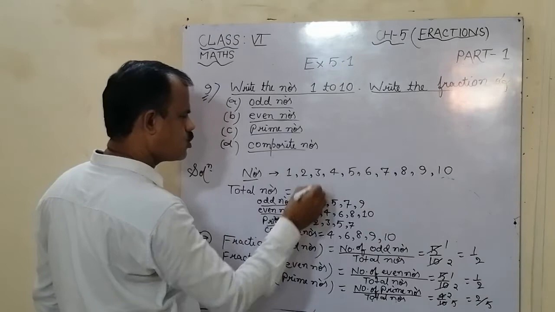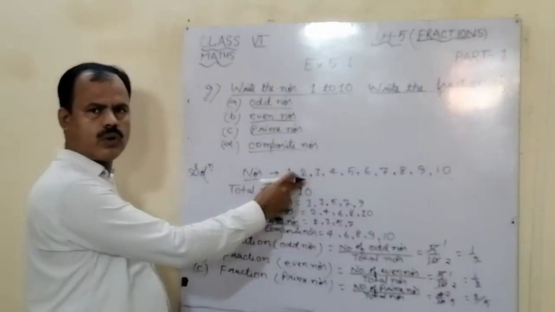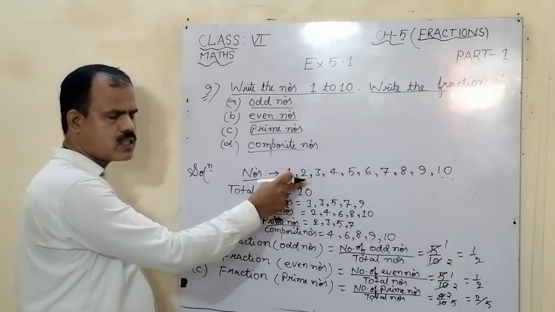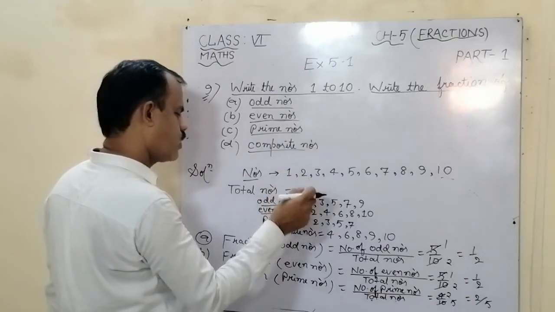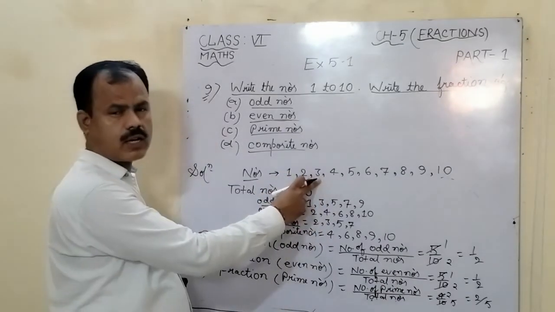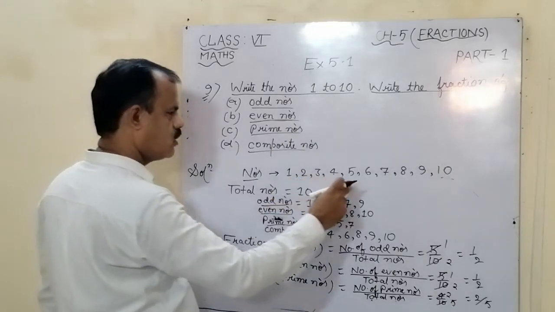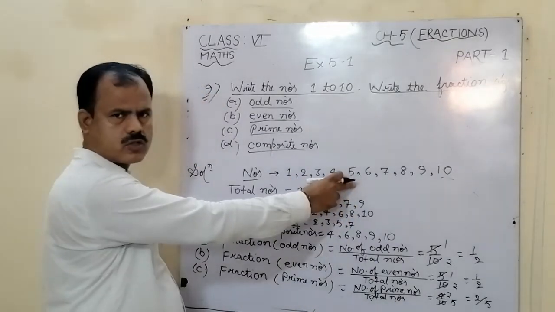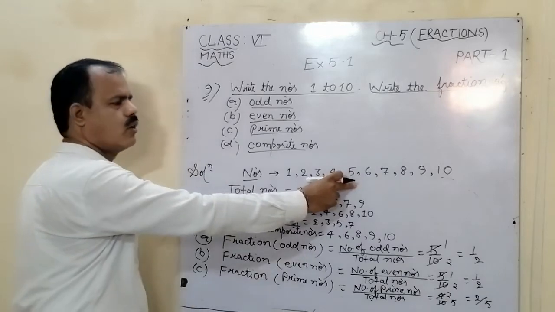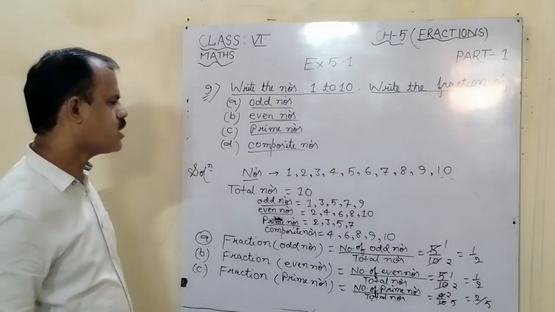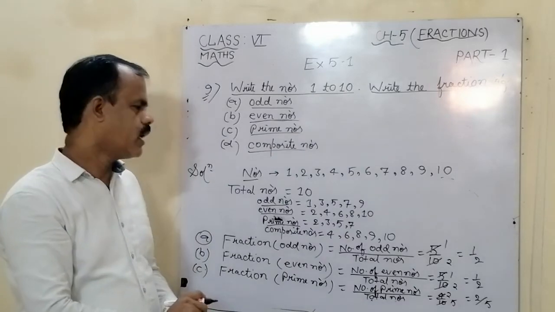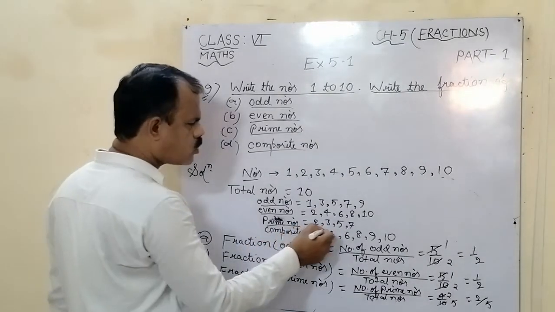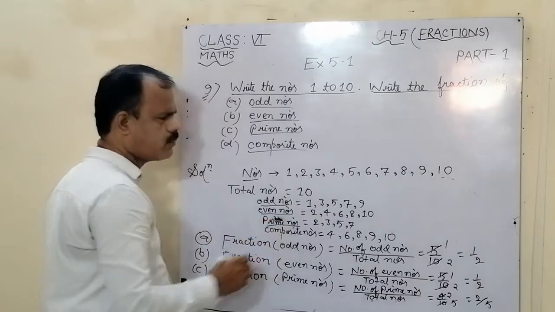Prime numbers: 2 has only two factors, 1 and the number itself, that is 1 and 2. 3 also has two factors, 1 and 3. 5 also has two factors, 1 and 5. 7 also has two factors, 1 and 7. So 2, 3, 5, 7 are prime numbers.